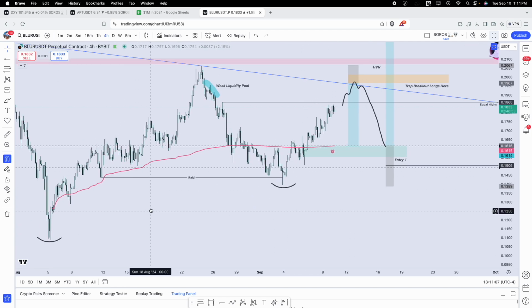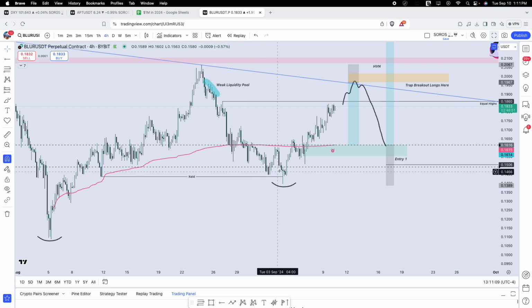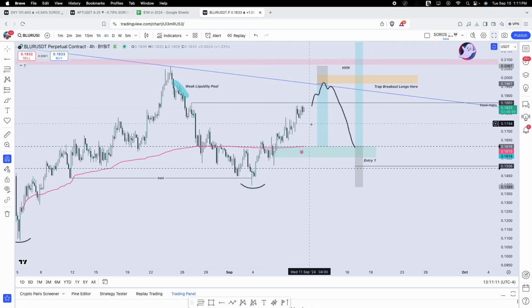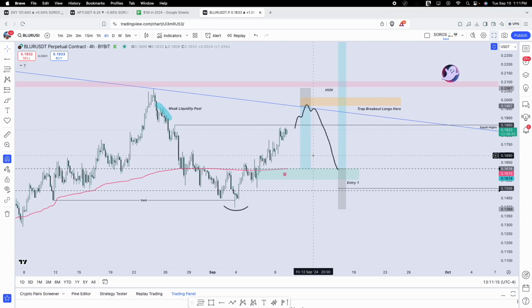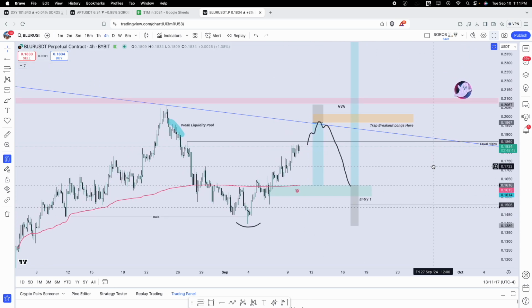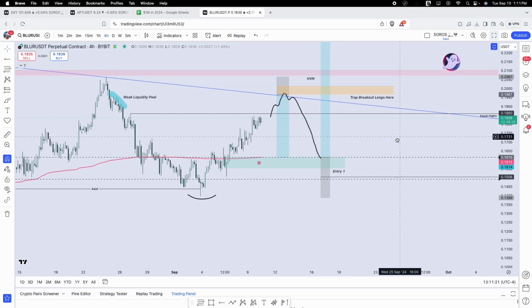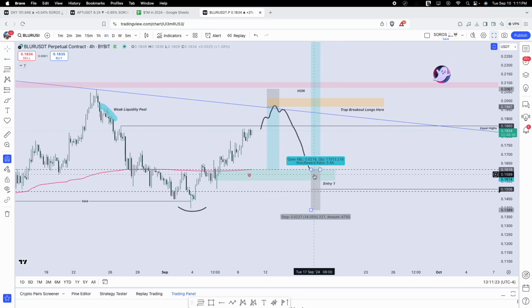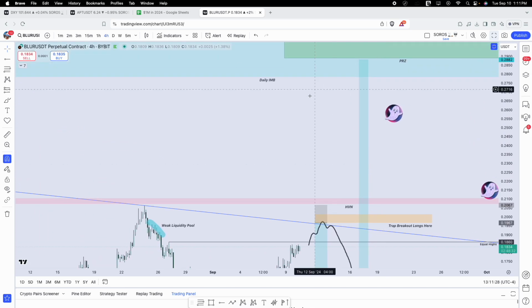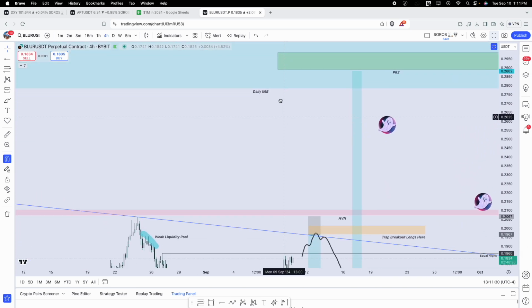Once it finds, after a few tests and weaving in and out of it, its ground on top of anchored VWAP from the lows, I find that tends to be the best entry to get the long. So if we get that, I have this and this as my bids, and I'm playing it to much higher levels into the daily imbalance.